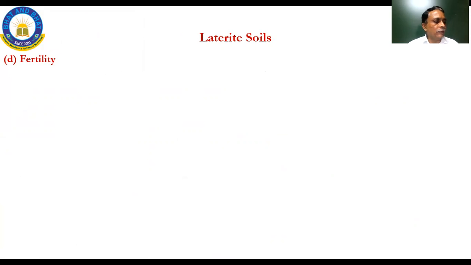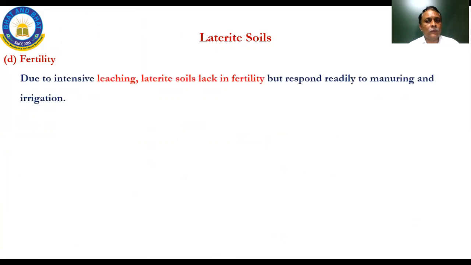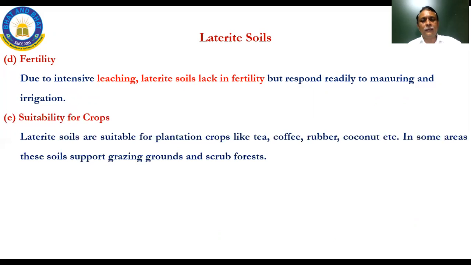Now, fertility. Due to intensive leaching, laterite soils lack in fertility but respond readily to manuring and irrigation. Like I told you, it is all these plantation crops. Laterite soils are suitable for plantation crops like tea, coffee, rubber, coconut, cashew, areca nut.